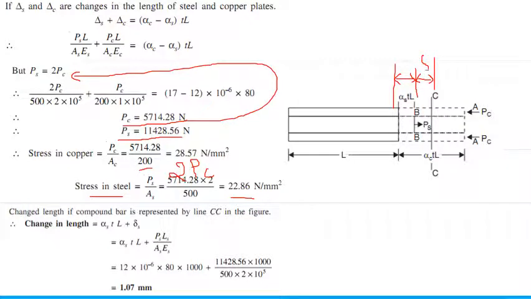We call this delta S. Therefore alpha S TL plus delta S is the change in length. So alpha S into T into L plus, in place of delta S, we can substitute PS LS divided by AS ES. After substituting all the values, we got a change in length of 1.07 millimeter. This is the change in length due to the application of temperature.